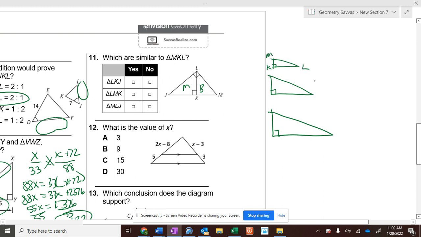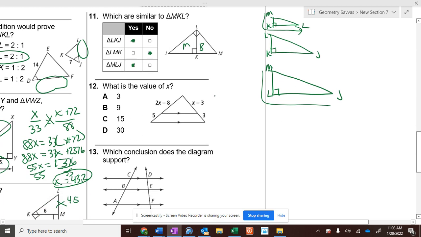And the other side is L. Mama, the right angle is K. The short side is KL, and the other side is J. Papa, the right angle is L. The short side is LM, and the other one is J. So it's MKL, so they went in this order. So it's LKJ. LKJ is a yes, and it's MLJ, which is a yes, which makes this one a no.